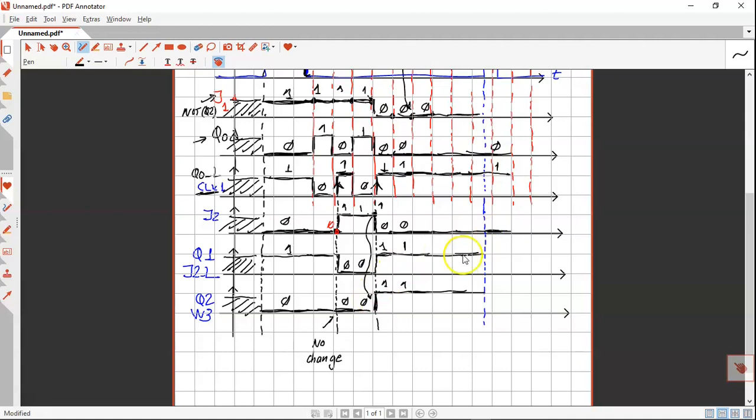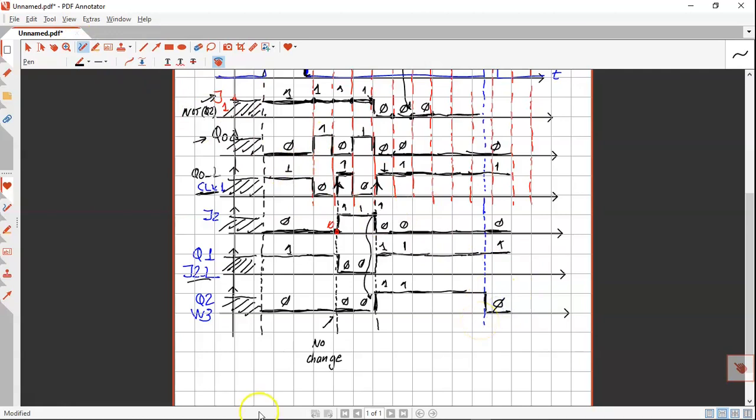Then we will see. And Q1, because it's J2 not, has to be set high. And finally, the other chip is reset the same. So if this is reset, sorry, because I did it wrong, this signal, I have to do it like that. From now on, it goes down to 0.